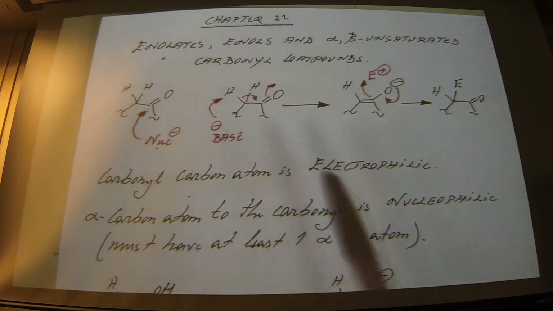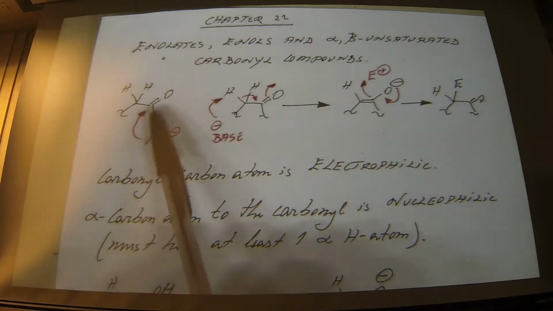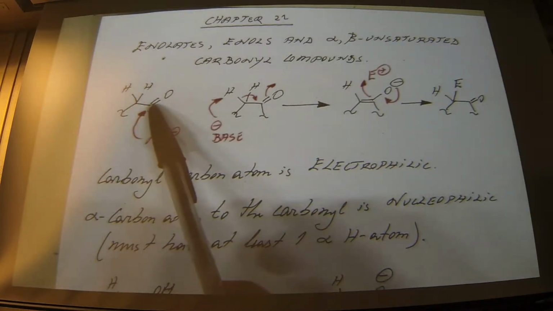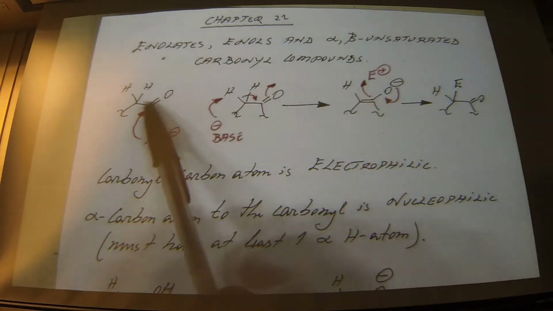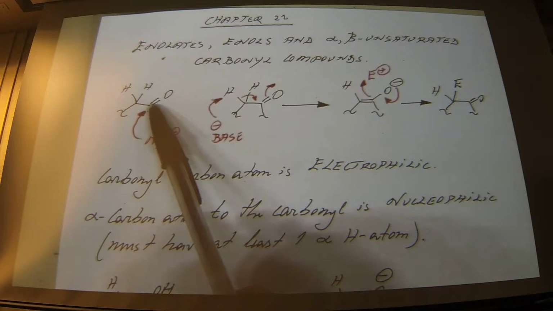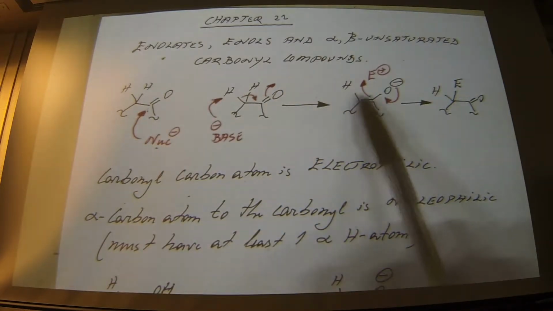And so you have two kinds of reactivity: electrophilic reactivity at the carbonyl carbon, nucleophilic reactivity at the alpha carbon. This chapter is going to explore how that leads to lots of different kinds of reactions and how it can be used to generate structural complexity.